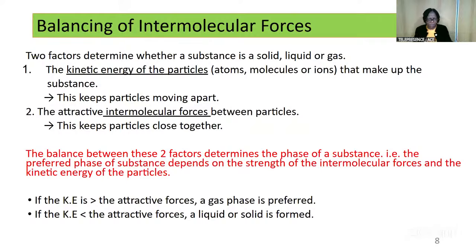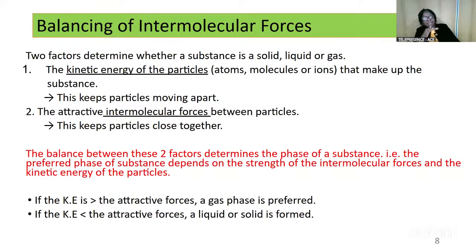The attractive intermolecular forces bring them close together. So between them being far apart, separated due to the kinetic energy, when it is very high and it prevails, something will happen to the state. When it is low, and the intermolecular forces are a bit stronger, then a different state will emerge.